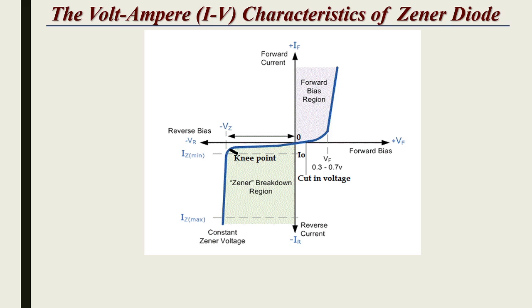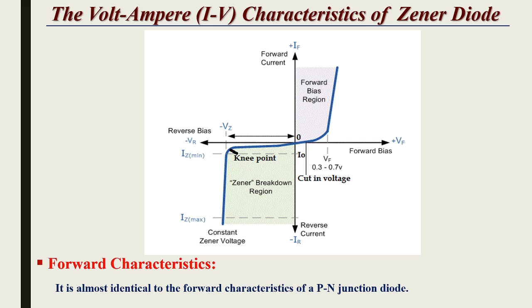So this is the IV characteristics of the Zener diode. This is the forward bias region where it is identical with the PN junction diode, and this is the reverse bias region or Zener breakdown region. So here after the breakdown voltage, a sharp increase in the Zener current appears in this region.